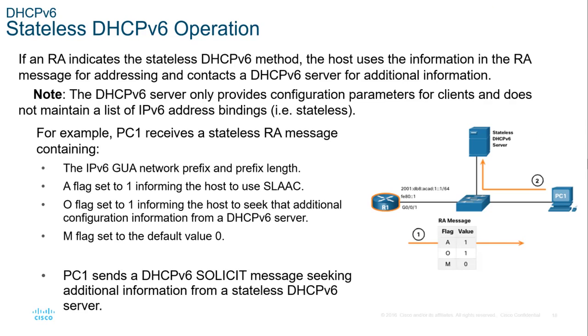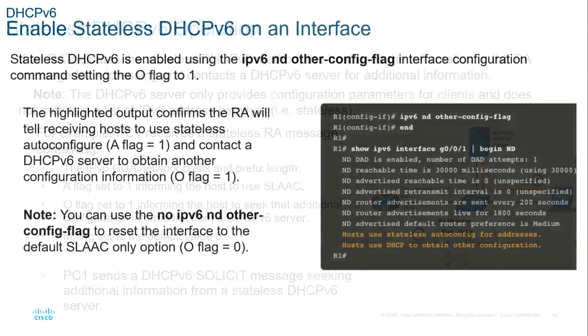Here the PC extracts half of the information from the router, and then the other information from the stateless DHCP server. When you look at this, the stateless address autoconfiguration is on, and the other configuration is also on, but managed is turned off.